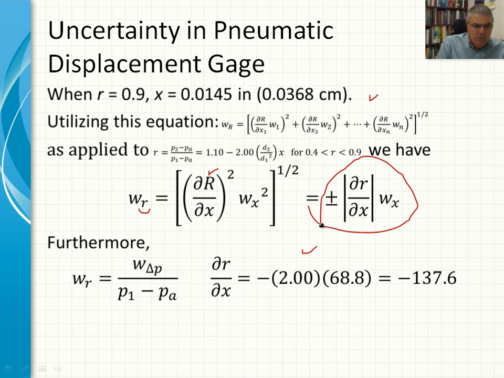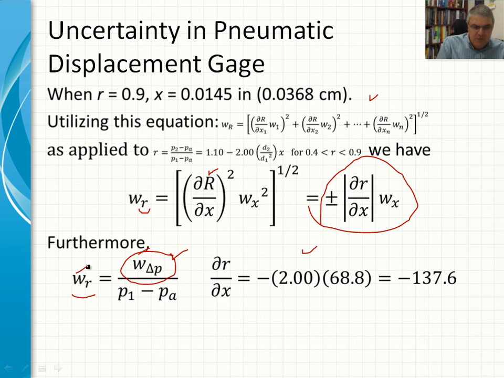So also realize that when we came up with an equation for R, there was a delta P in that equation. And here now, that delta P is given with certain uncertainty, so we call that W sub delta P. It's not a capital; remember that. It's a small font w.